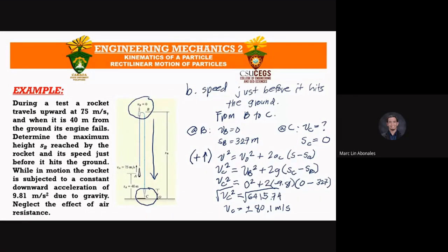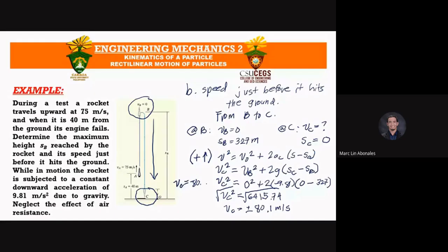Since our movement is downward, and what we assumed in solving this problem is that upward is positive, so we use the negative sign, which represents the downward movement. Okay? So therefore, your final answer would be VC is equal to negative 80.1 meters per second, where the negative represents the direction, so that is 80.1 meters per second downward.